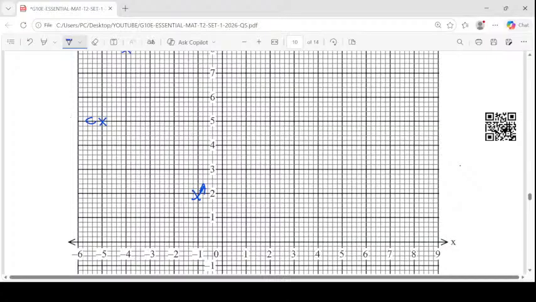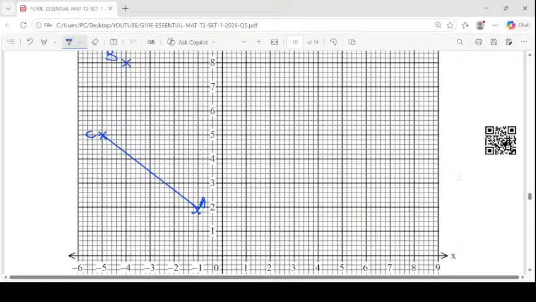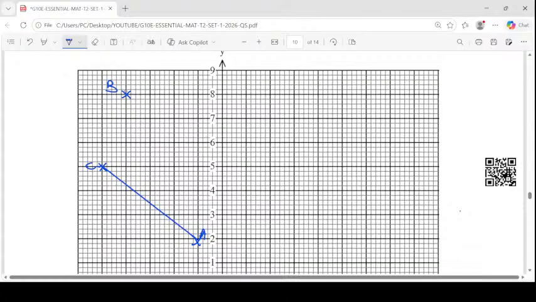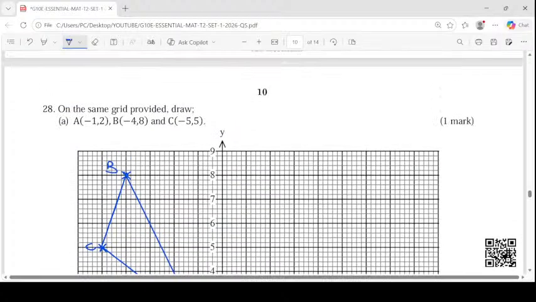Let us now join them to form a triangle. You can now see. Just imagine doing it that way. You already have one mark.